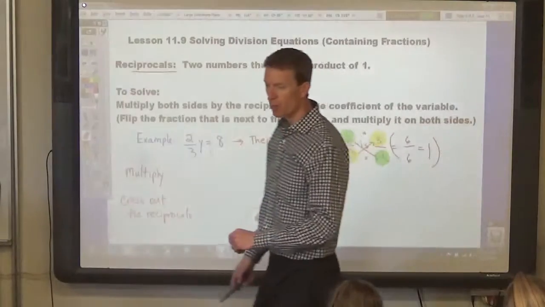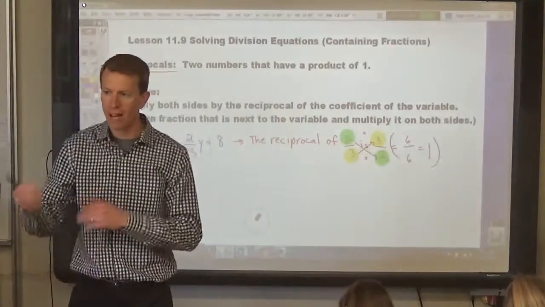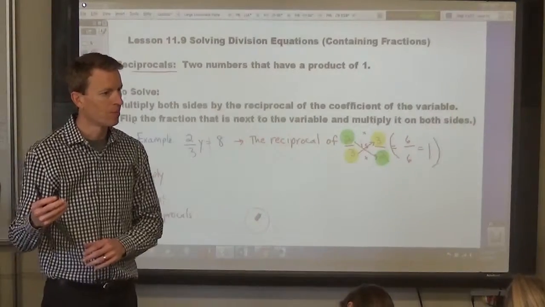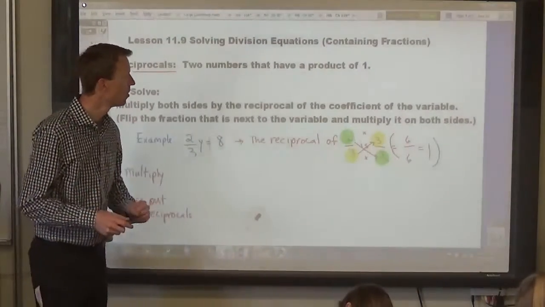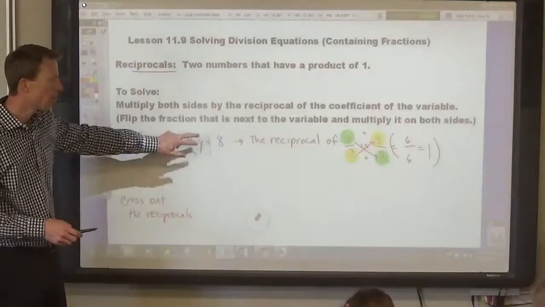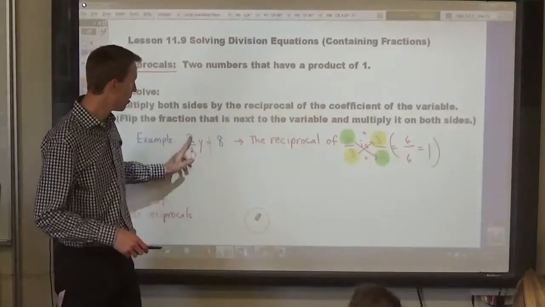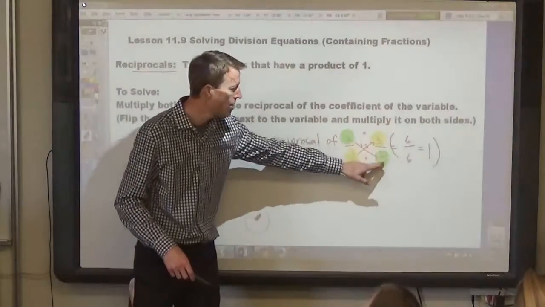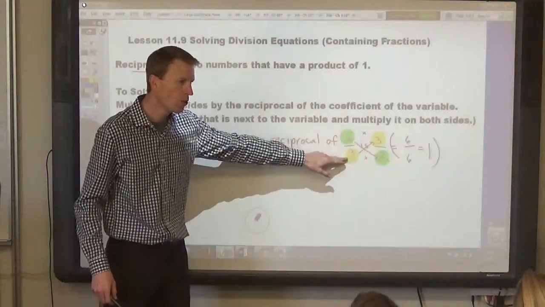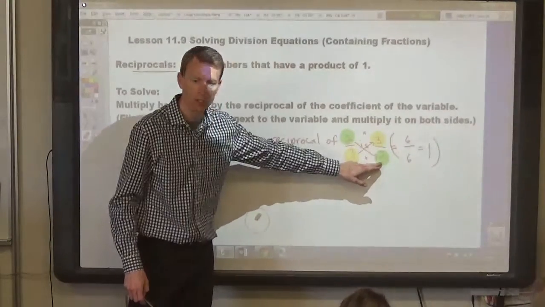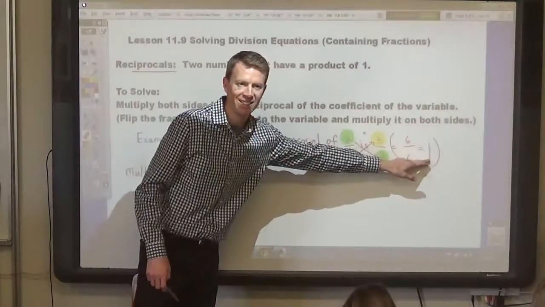We used reciprocals when we were learning how to divide fractions by other fractions. Alright? That's where you first learned about reciprocals. The reciprocal is the fraction flipped over. And if you multiply a number times its reciprocal, so if you multiply 2/3 times 3/2, you get 1.